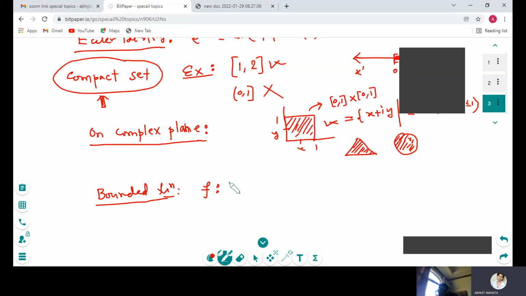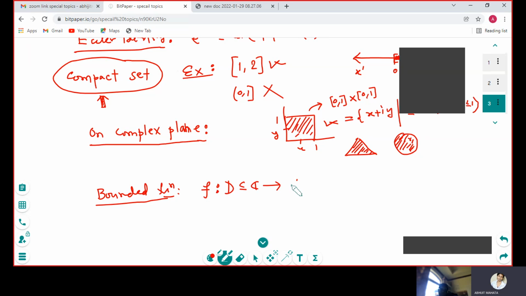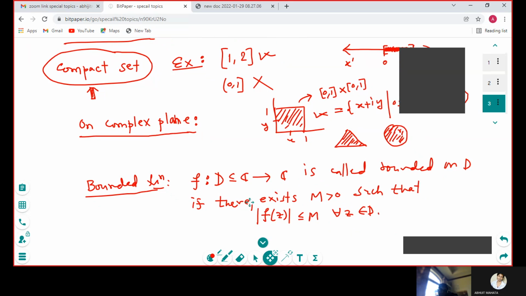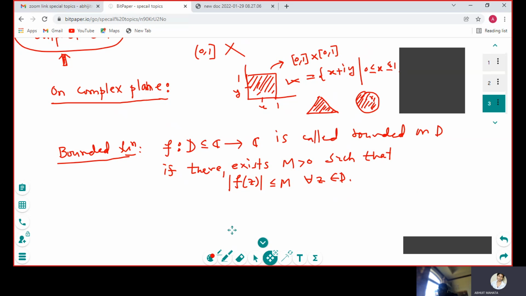A function f from a domain D, where D is a subset of C, to C, is called bounded on D if there exists a positive number m greater than 0 such that the absolute value of f of z is less than or equal to m for all z belonging to the domain D.